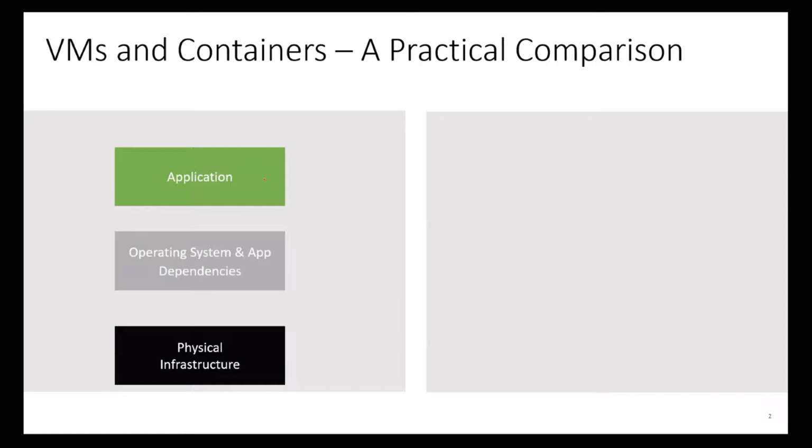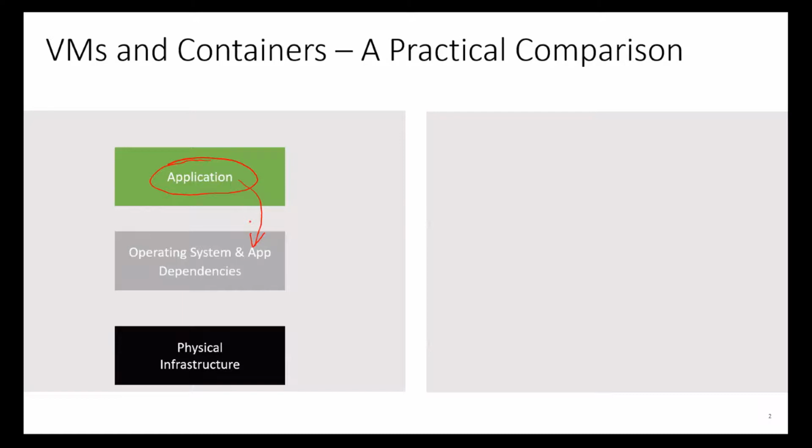The reason we have so many workloads going on is it's all about this piece up here. It's about the application. The reality is we don't really care about deploying a whole bunch of operating systems. The operating system is a necessary evil because that's where our application runs. And our application has this part down here called the application dependencies.